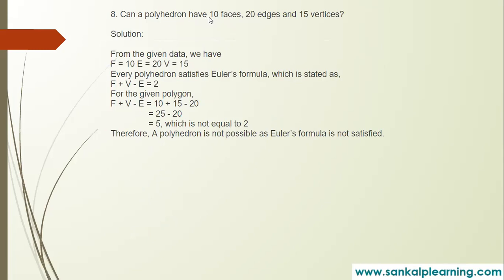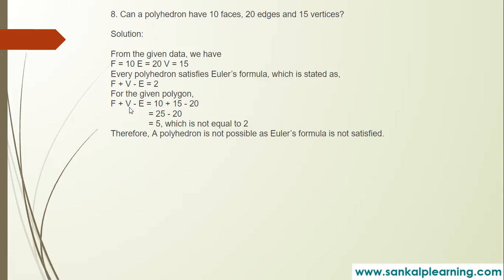Can a polyhedron have 10 faces, 20 edges, and 15 vertices? See, they have given the number of faces, edges, and vertices. They are asking whether a polyhedron can be formed. If you use the formula, if this satisfies Euler's formula, then we can say it is possible.